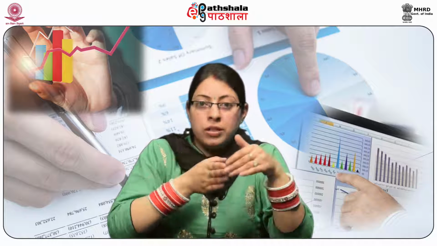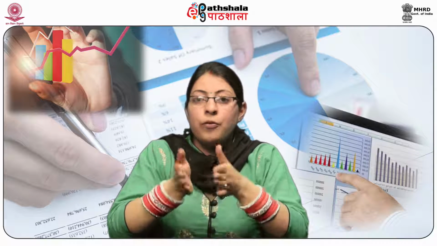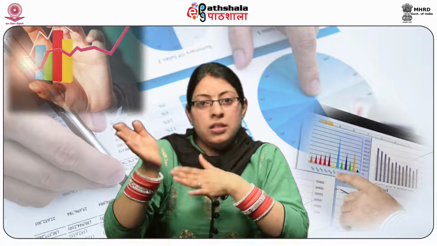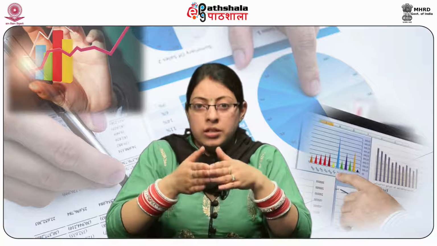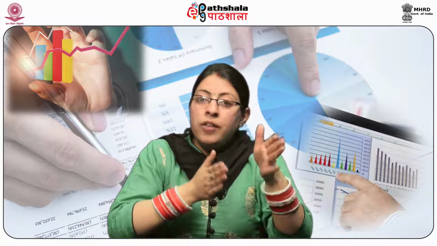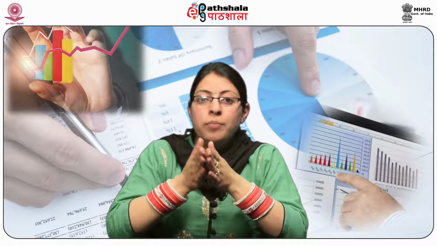Contribution is calculated by subtracting variable cost from sales, and earning before interest and tax is calculated by subtracting fixed cost from contribution.